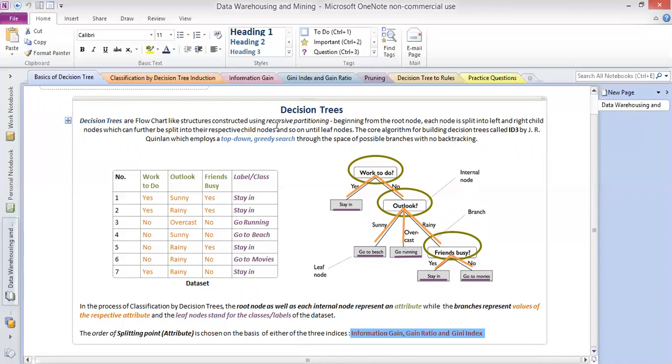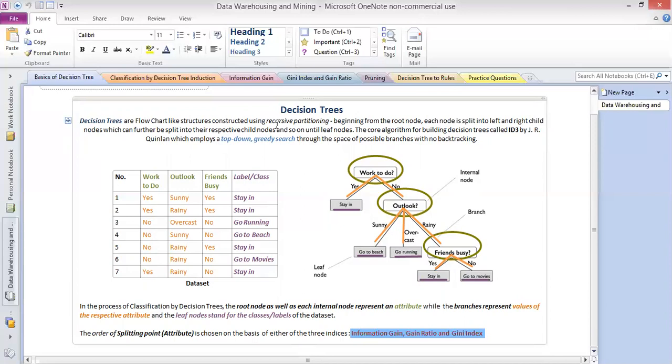Now what's happening is on the right hand side, the data set with the no is questioned on Outlook. On the basis of Outlook, it is dividing it again into 3 data sets, one for sunny, one for overcast, and one for rainy. So the one with sunny is going to have 1 tuple. The one with overcast is again going to have only 1 tuple, whereas the rainy one is going to have 2 tuples.